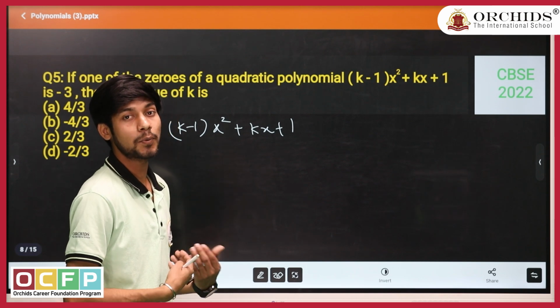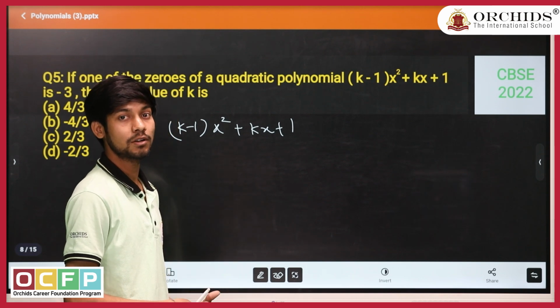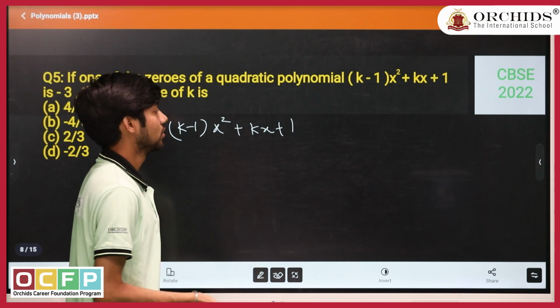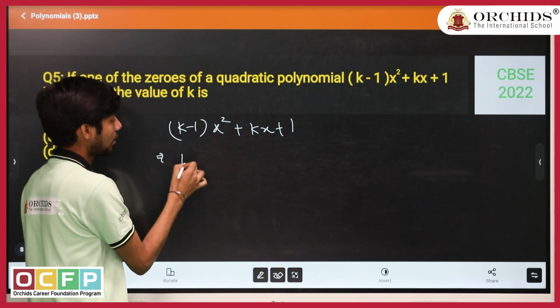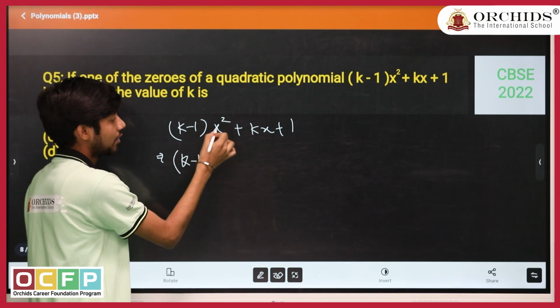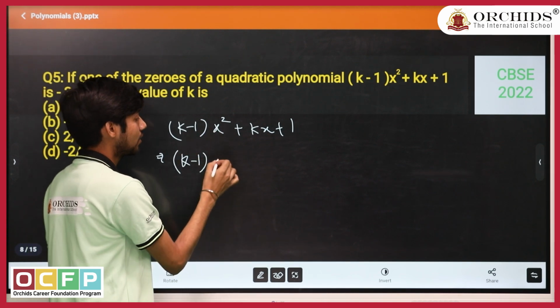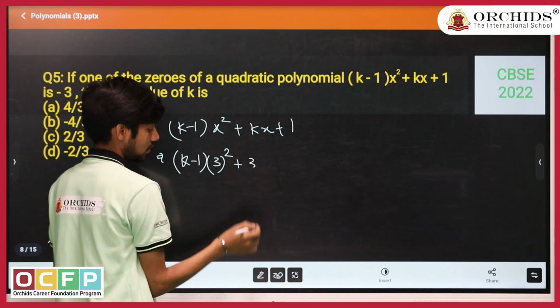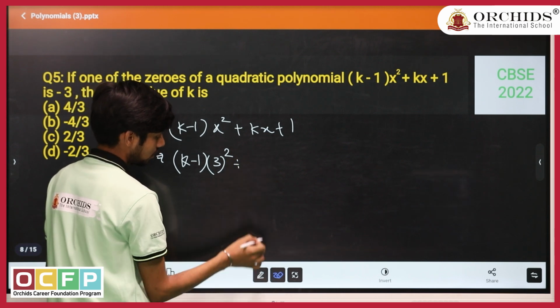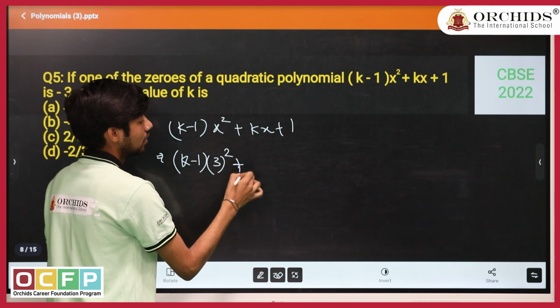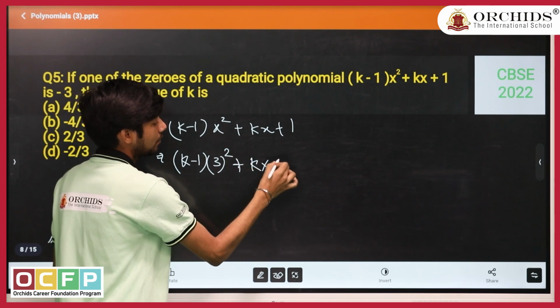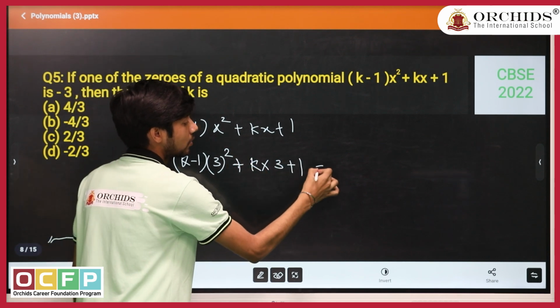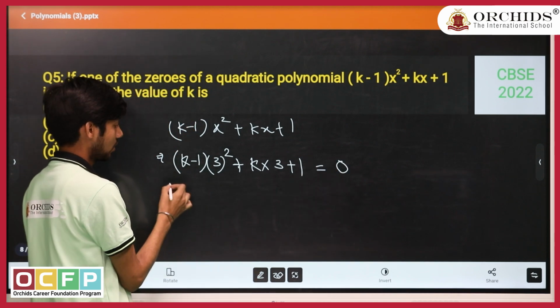It means if we put that value in the polynomial, we will get overall 0. So what can we write? (k − 1) into, in place of x, (−3)² plus k into (−3) plus 1, it will be overall 0.